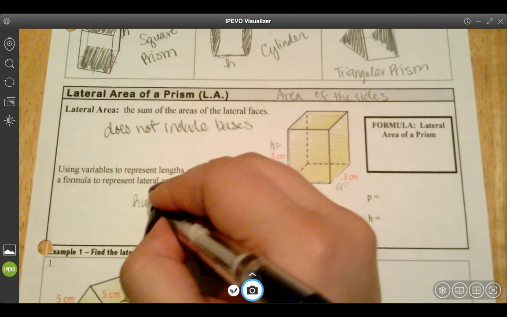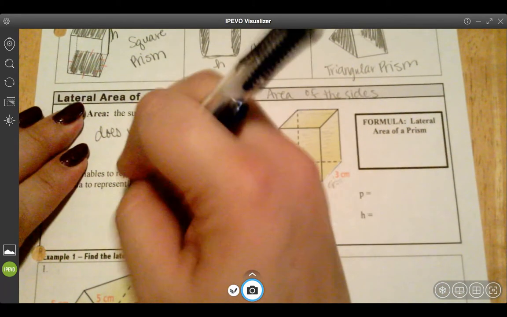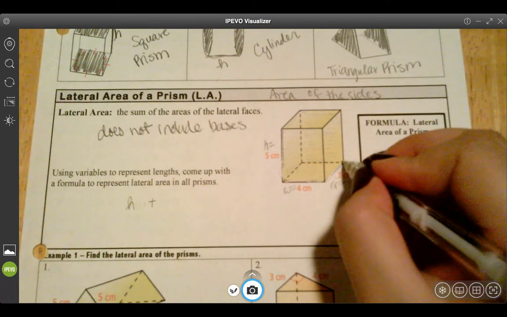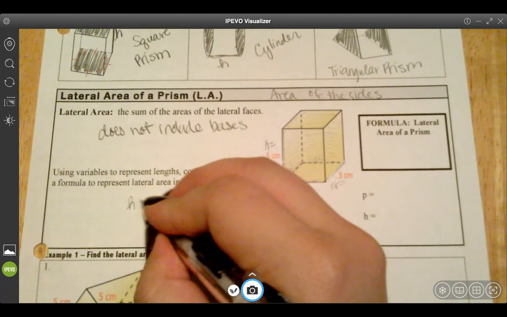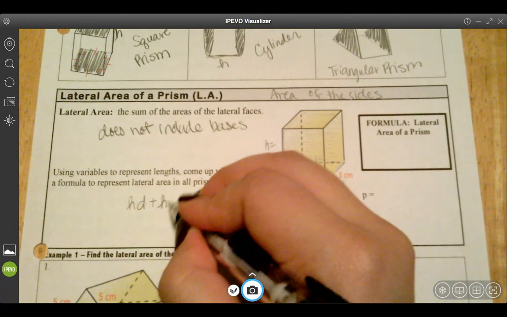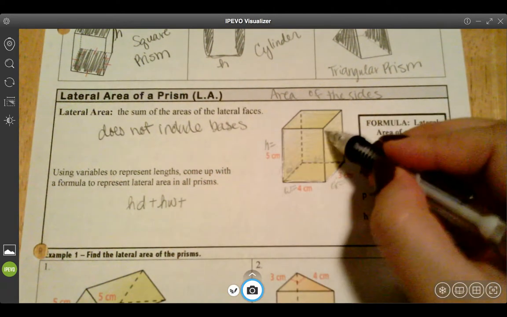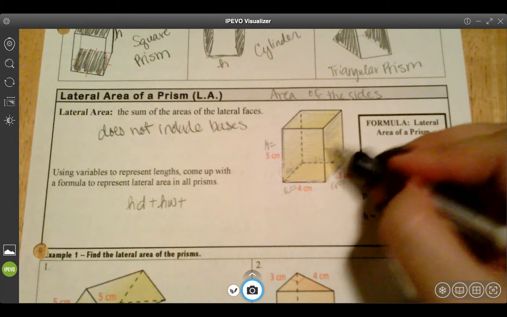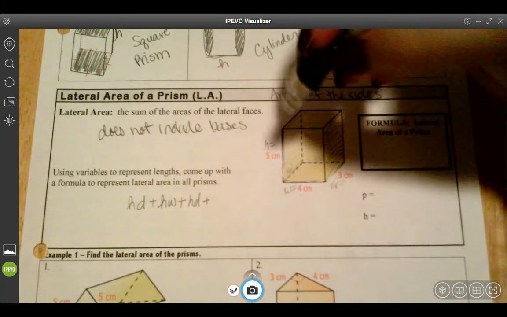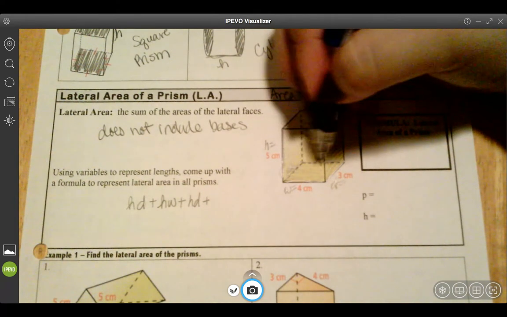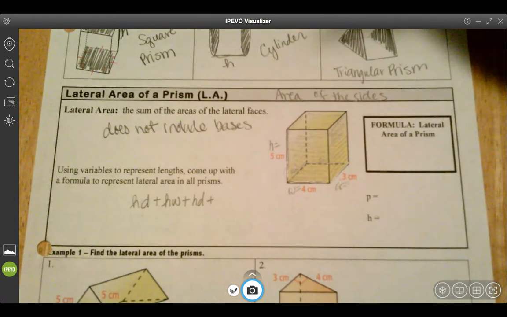Sorry, this one was H times depth, right? This side is the depth, then this side is the depth, and this side is the width. So that was height times depth. The next one is height times width, plus this one will be height times depth again, plus this one will be height times width again.